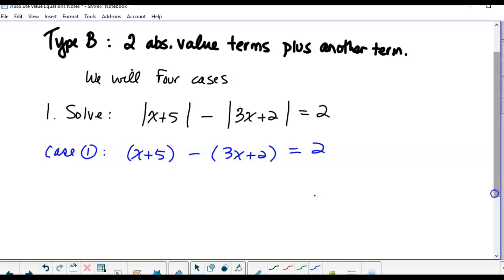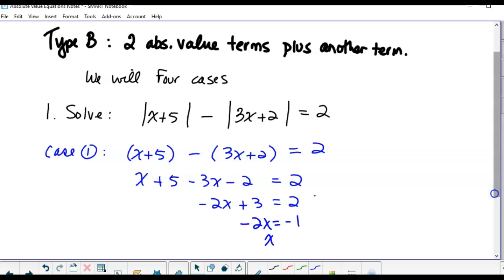And maybe I'm going to do my case here, my verification on the right, since I've been writing this really big. So then I get rid of the brackets correctly. That's going to be negative 2x plus 3 equals 2. So x equals 1/2.